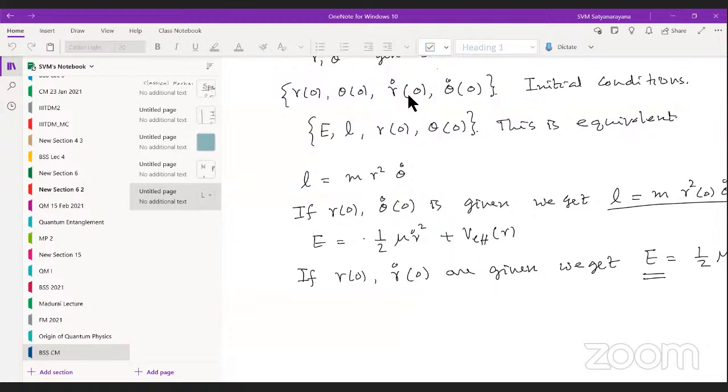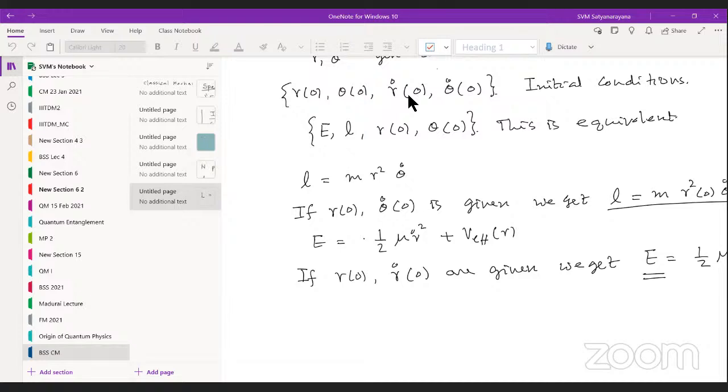So invariance is a trivial property if the coordinate is cyclic. But if the coordinate is present and there is also an invariance, that is also possible. That is why I am saying cyclic means there is invariance, but invariance does not mean that the coordinate is always going to be cyclic. Even though the coordinate is present in the Lagrangian, we can have invariance. But if it is not present, definitely there is an invariance under any transformation of that coordinate.